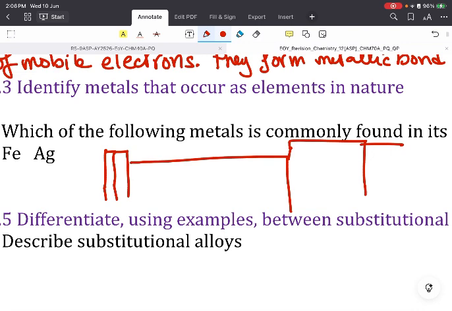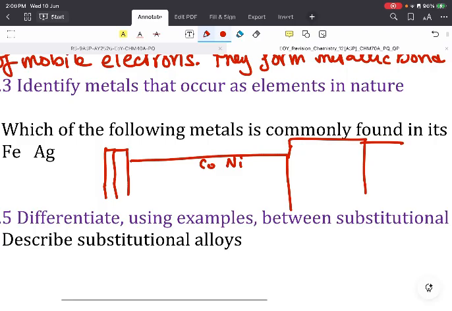Now, in the transition metals, you have 6 elements. You have cobalt, right next to each other, you have nickel, you have copper.